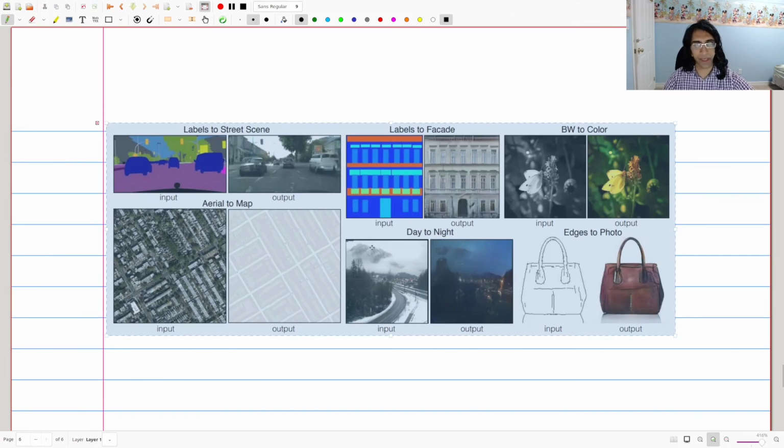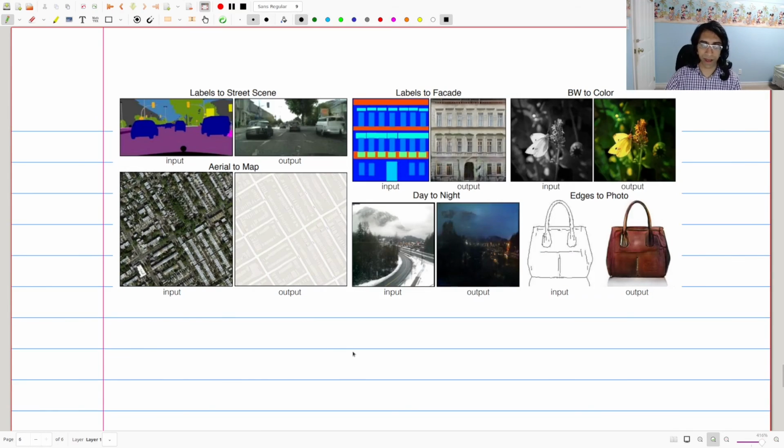Just as a couple more examples of what else can be useful, it can be useful for image-to-image translation. I kind of think of this as style transfer, which is something a little bit different, but it's thematically similar and a little more evocative to say. For example, given a black and white image, it can somehow learn how to fill in the colors.